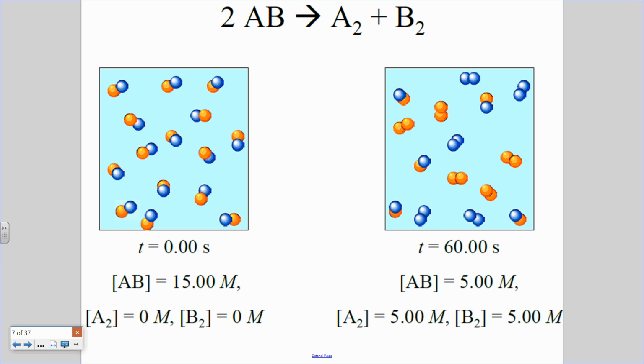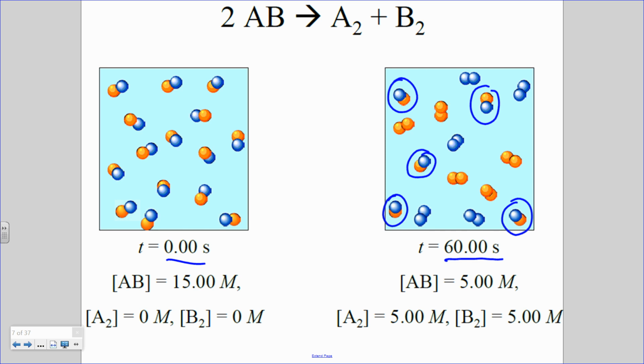When you move to the after, which looking at the time is 1 minute later, 60 seconds later, we have only 1, 2, 3, 4, 5 of those left. If we count all these before, we have 15, which represents our molarity. After, we have 5 left. And so that tells us about 2/3 of that reacted and formed products.